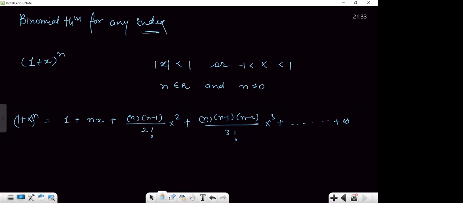And here nCr will not be useful because n is not a natural number here. It belongs to real numbers. So we will not be using nCr.